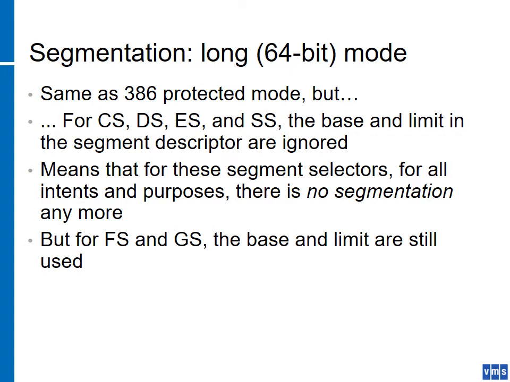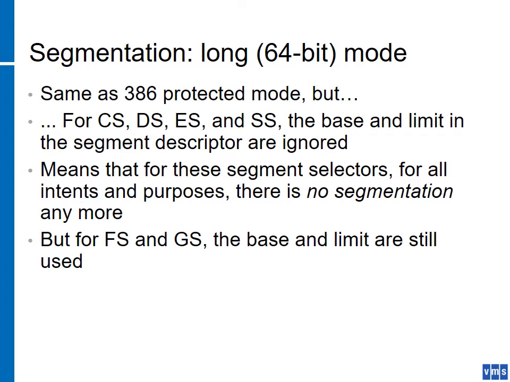Which is why when you get to the 64-bit mode, the base and the limit in the segment descriptors are now being ignored. The mechanism is still there, even in 64-bit long mode, but for the CS, DS, ES, and SS segment selectors, only the protection bits matter, and some of the other bits that describe what kind of segment it is.